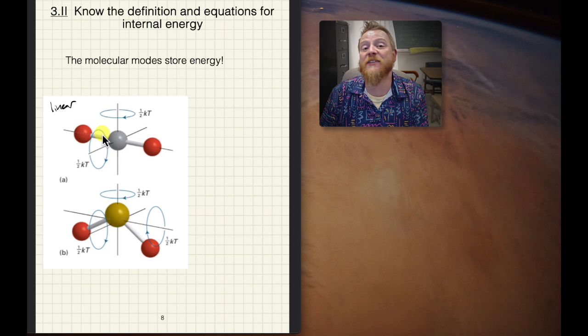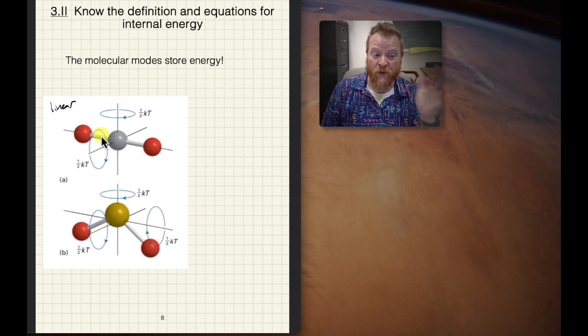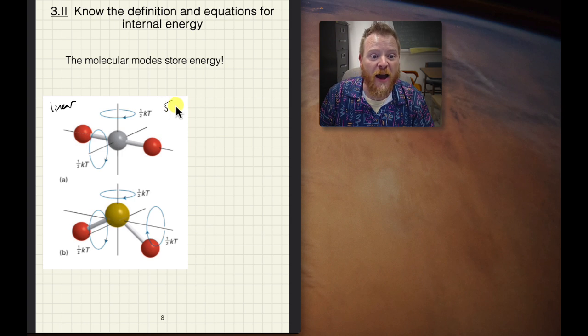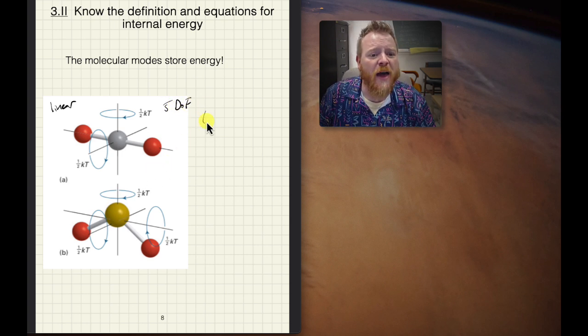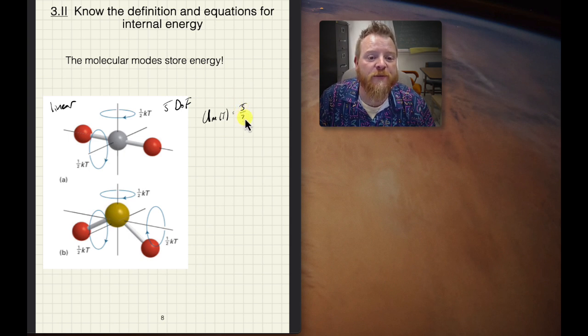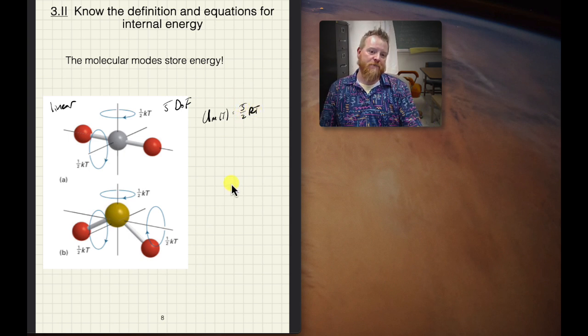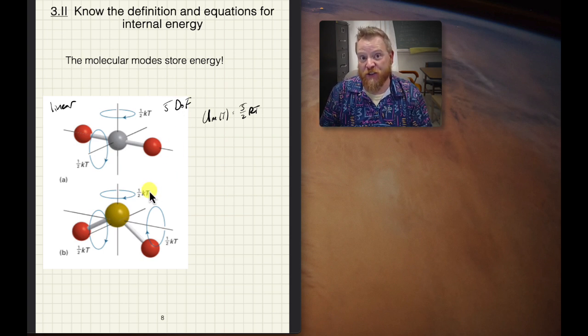So what that means is we get 2 extra degrees of freedom on top of the already 3 that were there. So that makes 5 degrees of freedom. So that means my molar internal energy for a representative linear molecule is 5/2 RT. Okay. And recall, for a simple atom, it's just 3/2 RT.